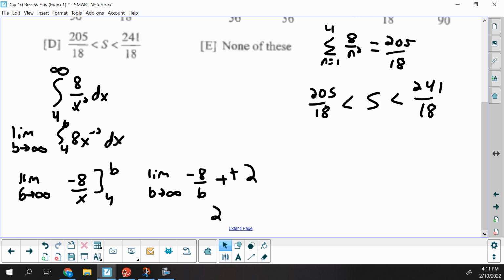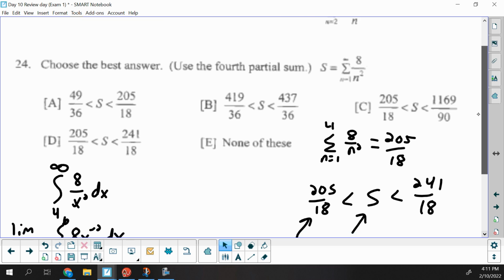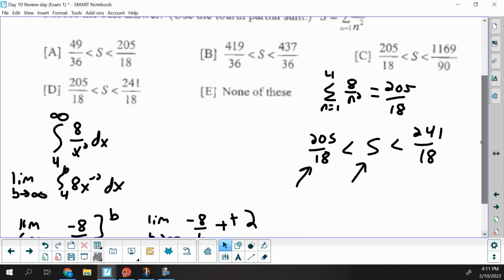We're guaranteed that it's higher than our infinite sum because we knew that 2 was definitely bigger than the gap between the fourth partial sum and the infinite sum. So hopefully that's a choice. Looks like that is choice D.